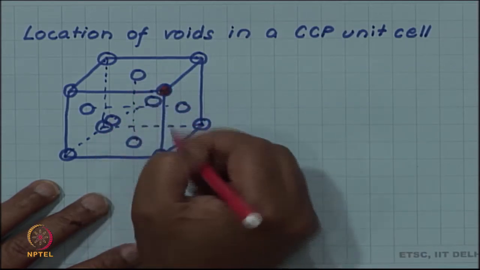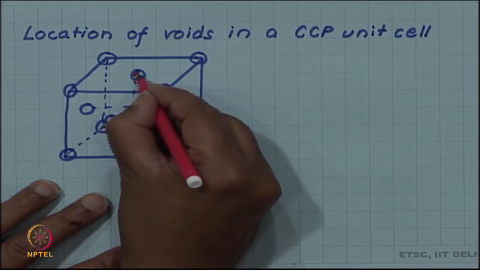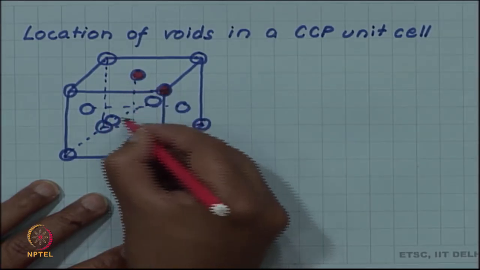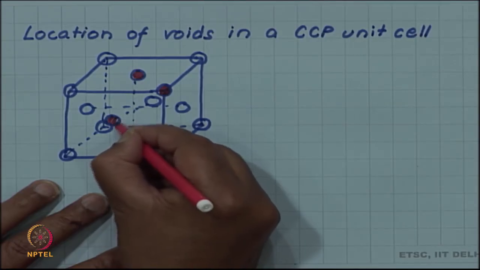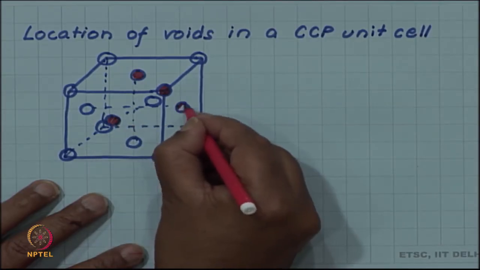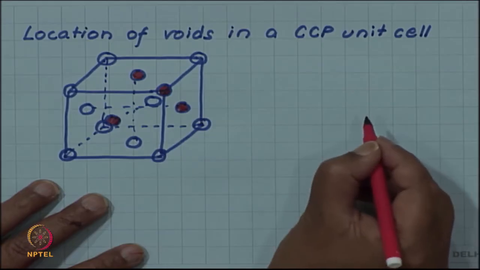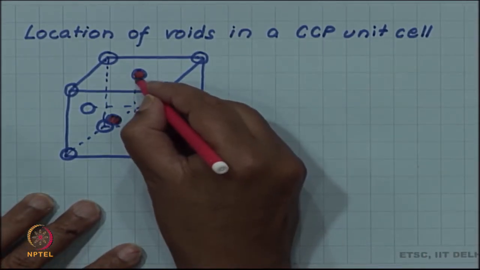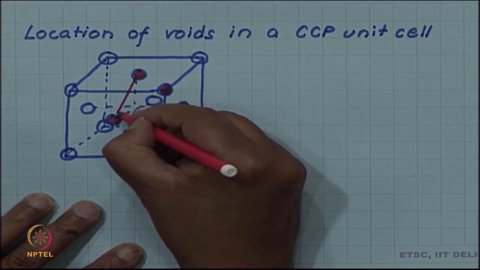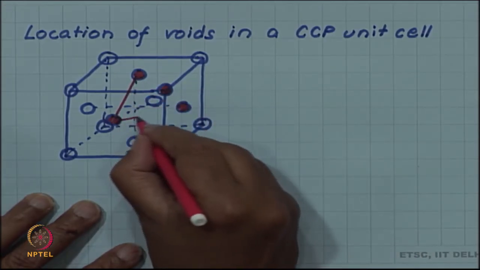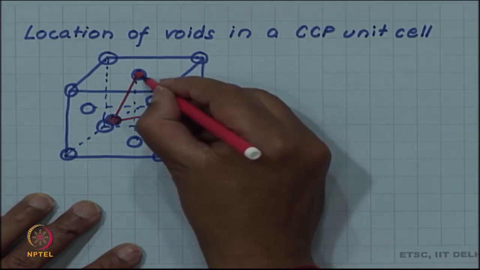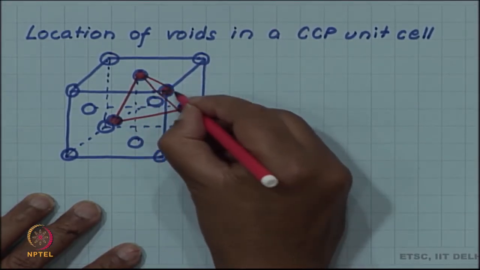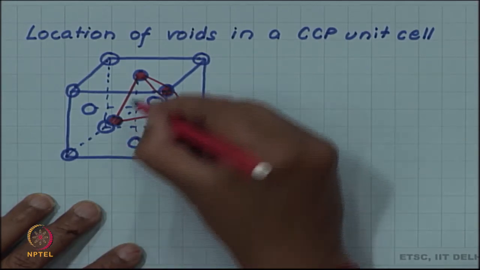Let us look at those face centers which are meeting at our selected corner: the top face center, the front face center and the right face center. These four atoms, let me claim that these four atoms form a tetrahedron.